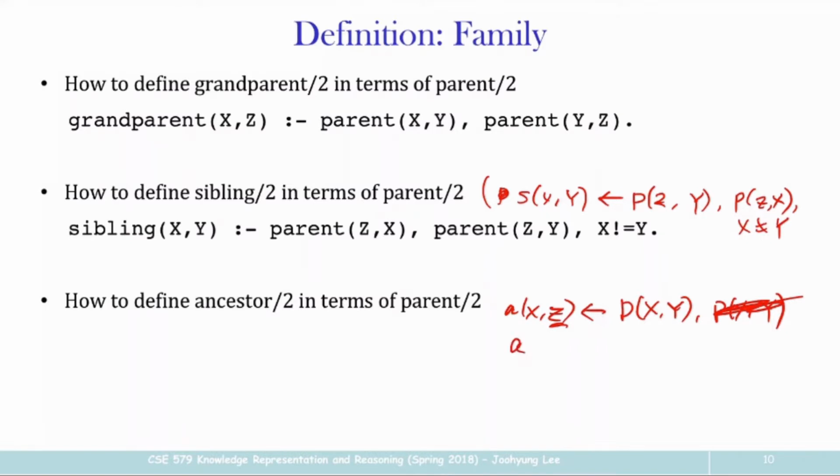Ancestor XY if ancestor XZ, or, just choose one. If parent XZ, then ancestor ZY. Okay. That's it? Yes. So are you talking about these two rules together or just this rule only? One. Okay, so we don't need this one.